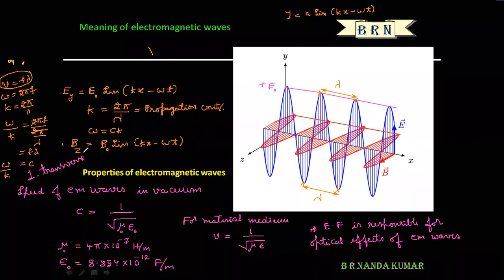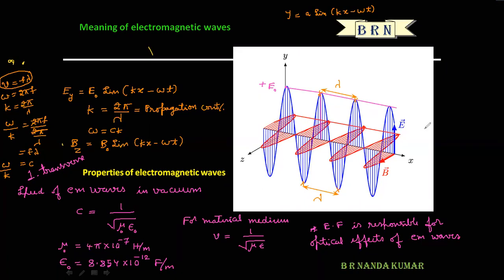So this is very important. B naught is the amplitude of the magnetic field, and E naught is the amplitude of the electric field. What is the relation connecting B naught, E naught, and c?